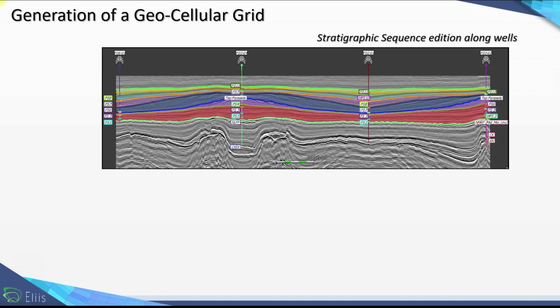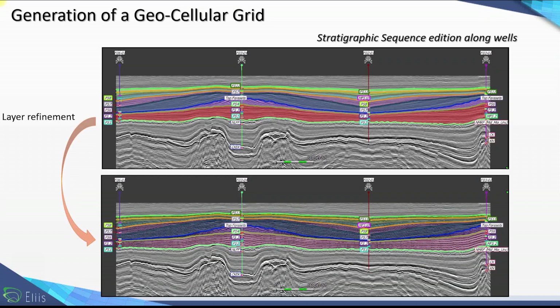So here is an example of sequence stratigraphic building with the aim of creating a geocellular grid in the case of an arbitrary line along the wells. So it's possible in PaleoScan to create arbitrary lines along the wells instead of just playing with the Strativiewer and scrolling through the 3D seismic.